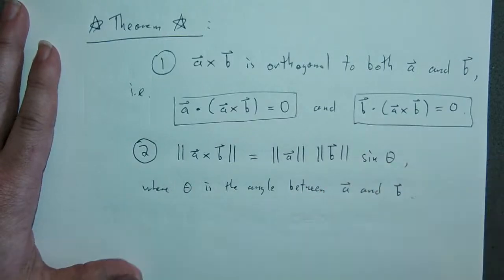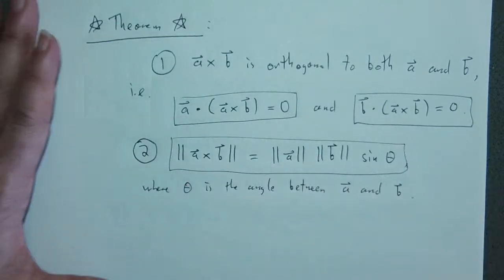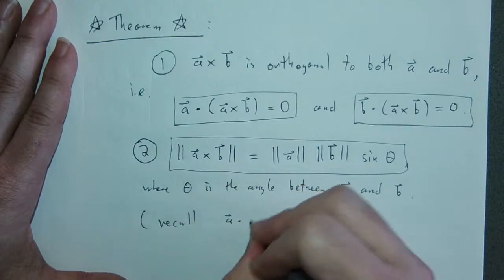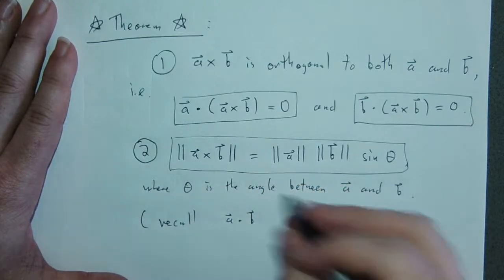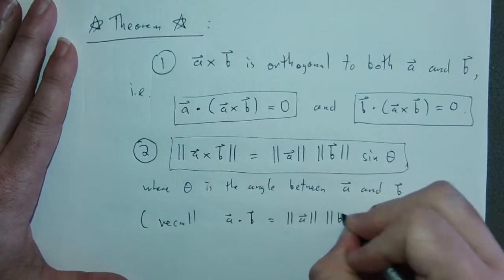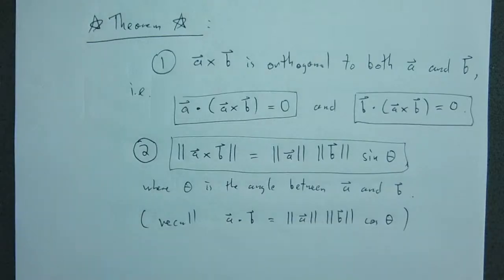So you see how there is this counterpart fact to this fact, recall, from the dot product. Recall that when I dotted two vectors, this was the same thing as the product of the lengths of those vectors times cosine of the angle between them.